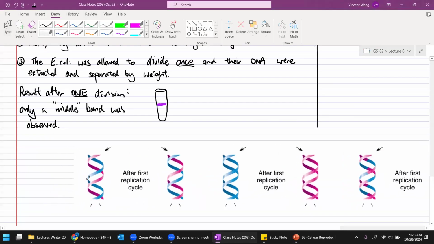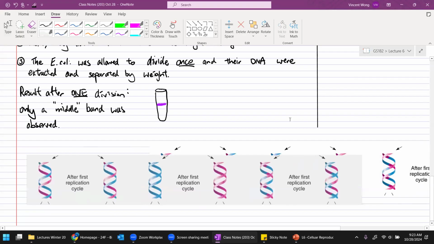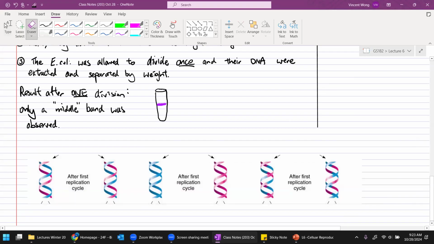Okay, so we'll say this is the expected result for different models. This one is semi-conservative, I'm just going to put semi. This one is conservative. And this one is dispersive.